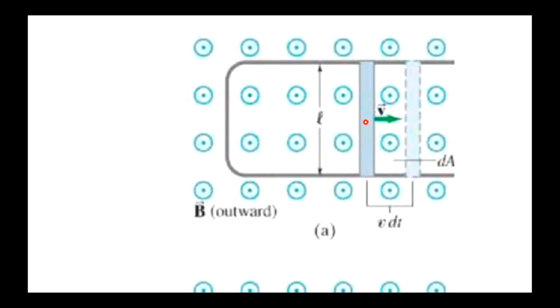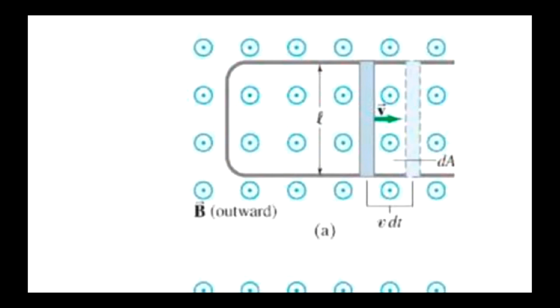Maybe someone is manually holding onto it and pulling it to the right. Something is pulling that part of the loop to the right, which is effectively increasing the area that the magnetic field can pass through. If that's happening, there should be an induced current that goes around that growing area.